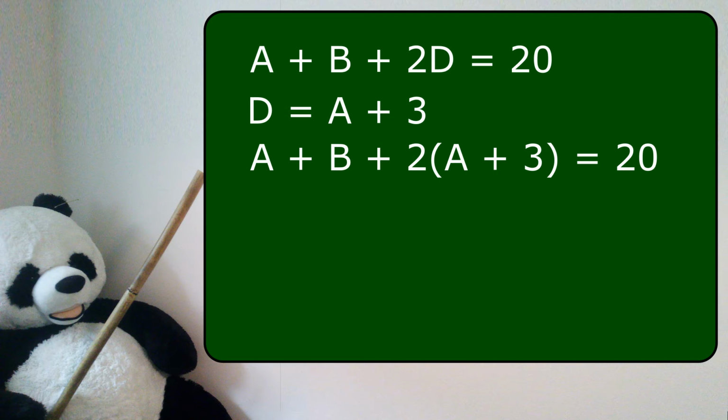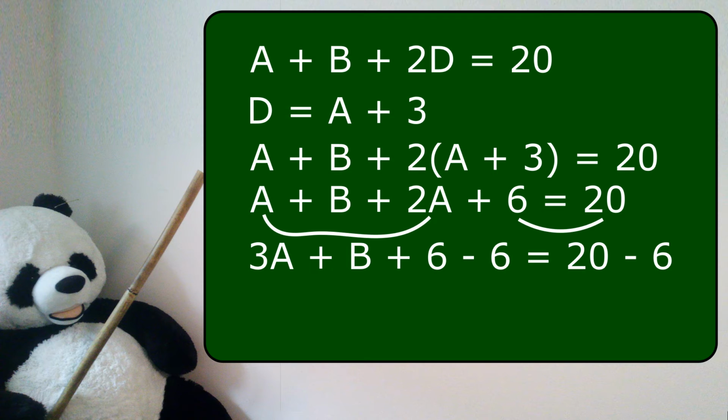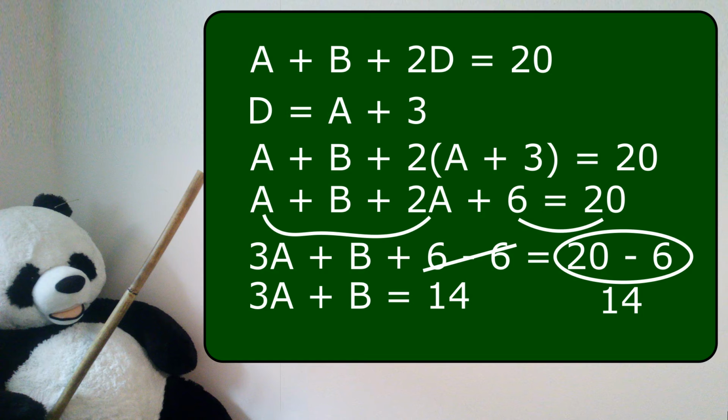So let's do that and put 2A plus 6 there. Then we'll simplify the equation again by gathering our A's together and subtracting 6 from both sides so that all the numbers are on one side again. And now we're down to 3A plus B equals 14.